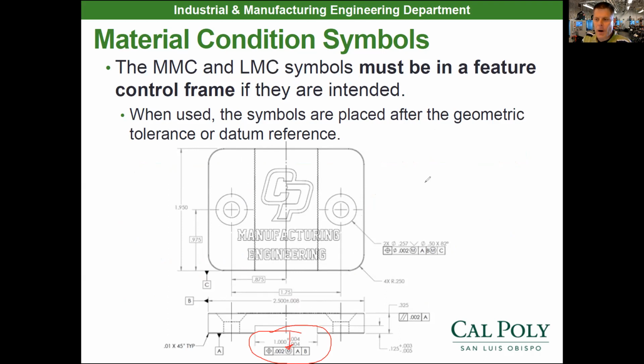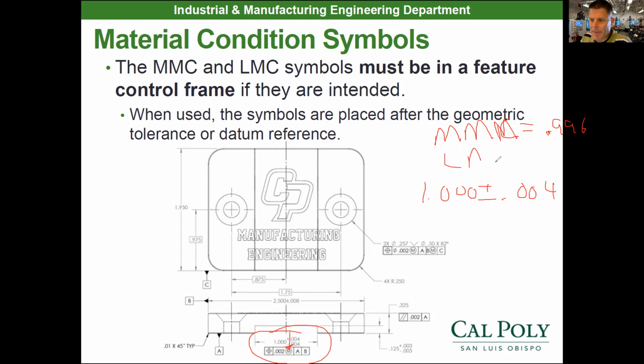Well, if I have this part that's 1.000 plus or minus 0.004, I know that my maximum material condition, MMC, is equal to 0.996. That's when the slot has the maximum amount of material.